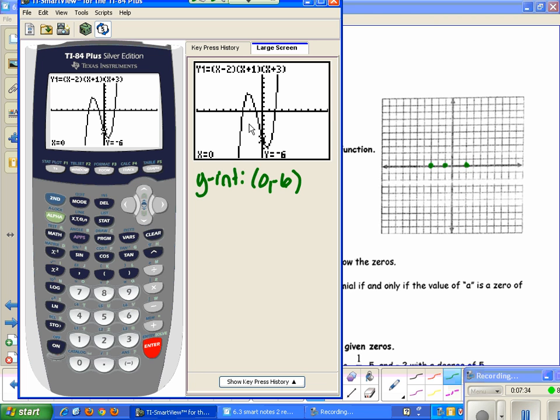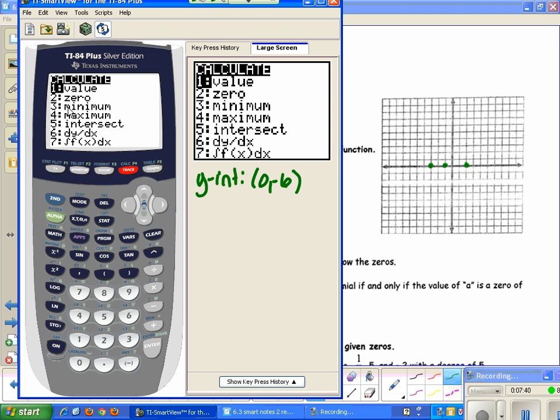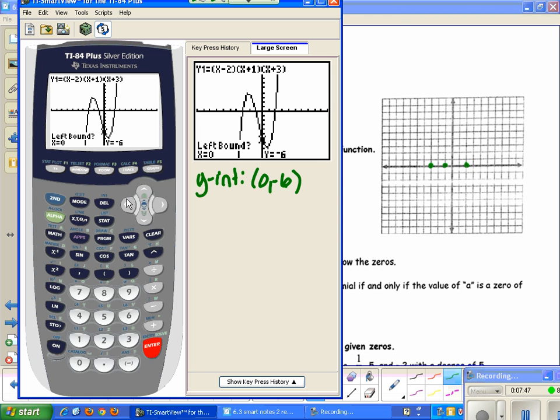Notice that I have a relative max and min, and so I want to find those values on my graph. To do that, I do second trace. Notice that you have minimum and maximum values. So let's do number 4 first, because that's the first thing that we see in our graph. I'm going to scroll using my left and right arrows over as close as I can to this point here. Something to the left of that point would be somewhere over here on my curve.